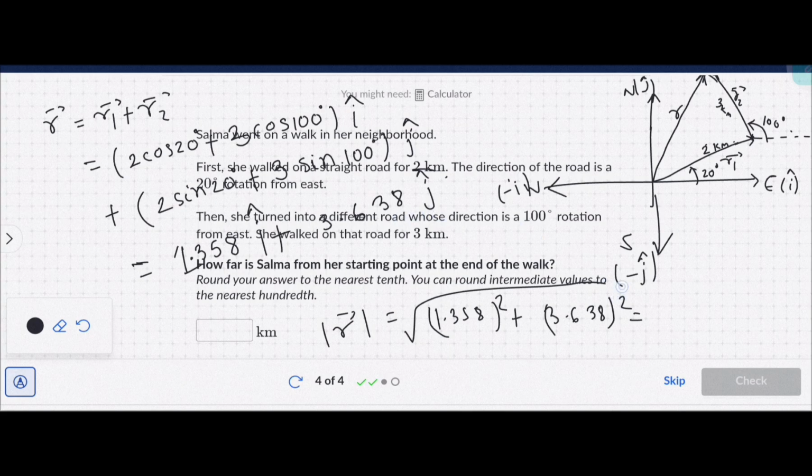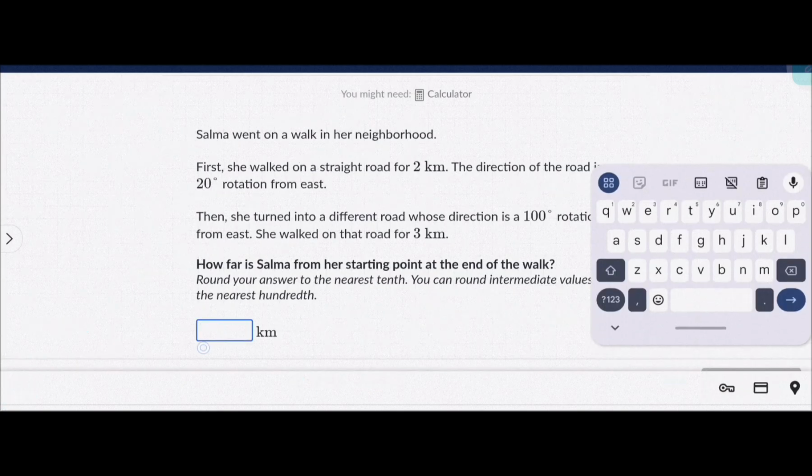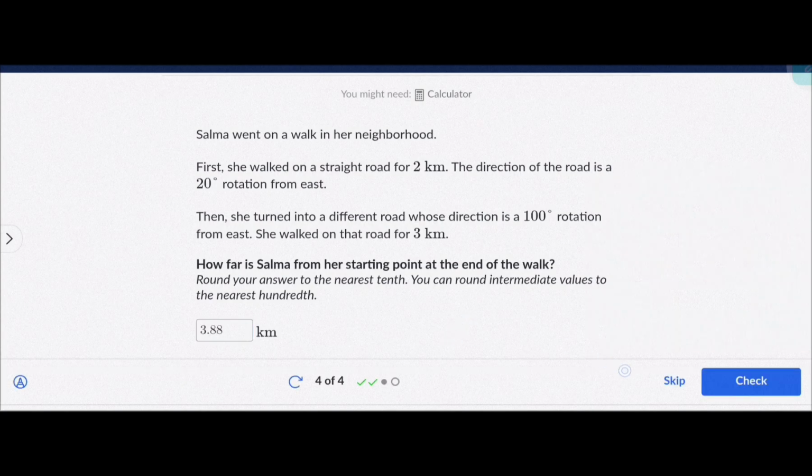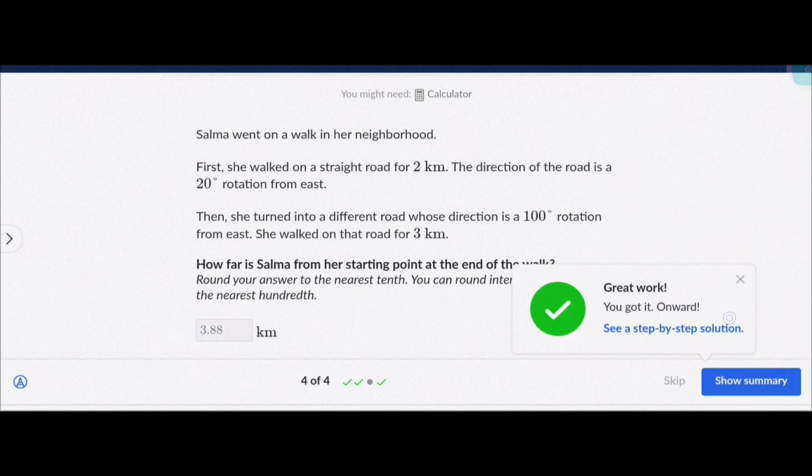So it is nothing but 3.88, to the nearest hundredth. So she is 3.88 kilometers from the starting point. Let's check it. 3.88, right? Yeah, that's right. Thank you.